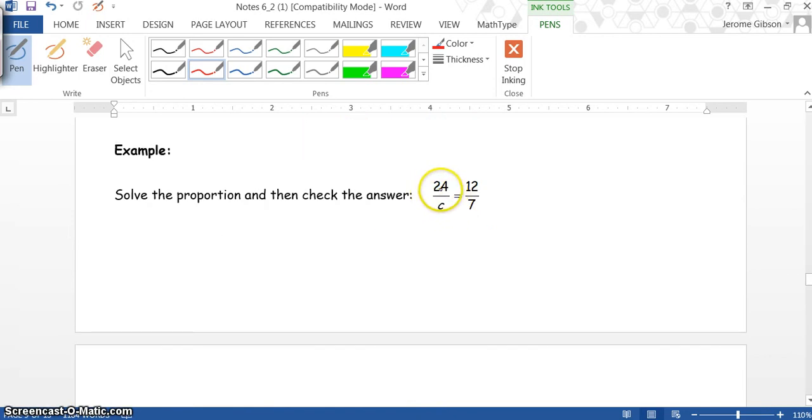Now we come to our next example. It says solve the proportion and then check the answer. Okay, this time we will go through the process of checking the answer as well. So we will cross multiply 24 times 7 and then c times 12. 24 times 7 is 168, and that equals 12 times c, which is 12c.